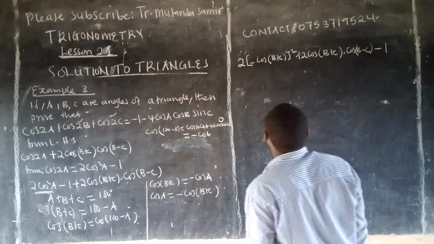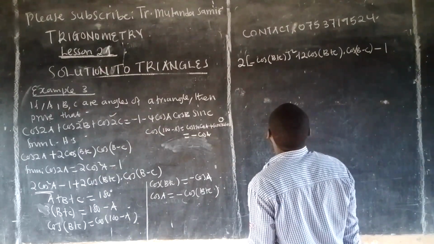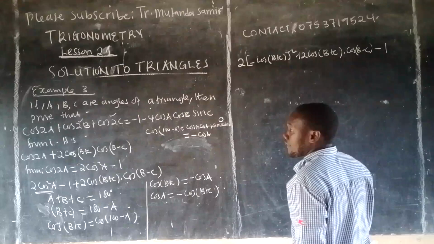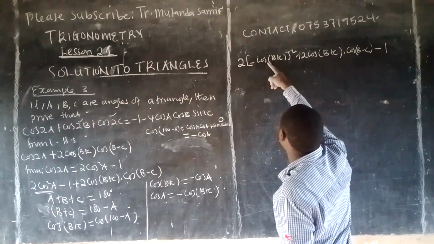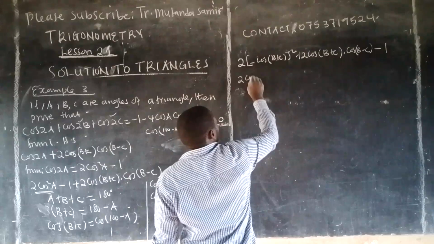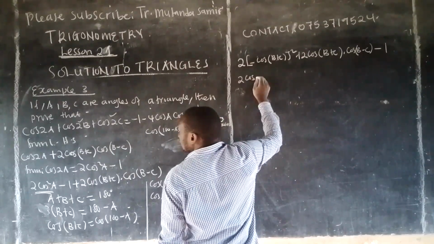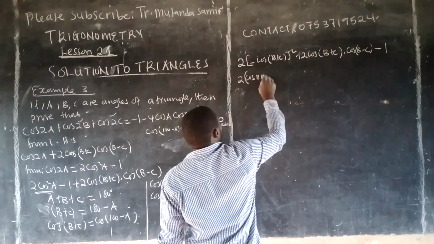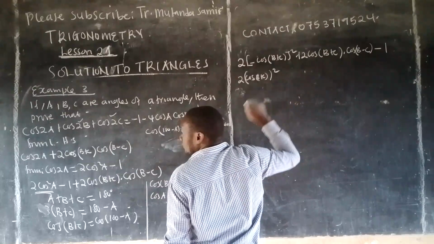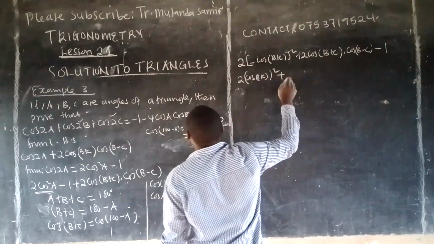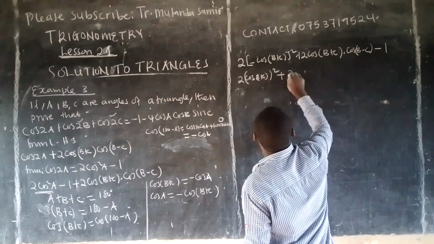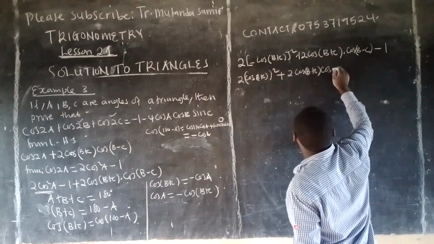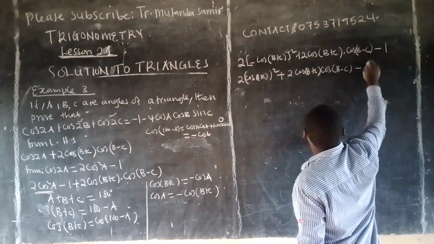The next thing you're going to do is, this is squared, so let's factorize. Any common factor here? The common factor is cos. So we have 2 cos b plus c, plus 2 cos b plus c cos b minus c, minus 1.